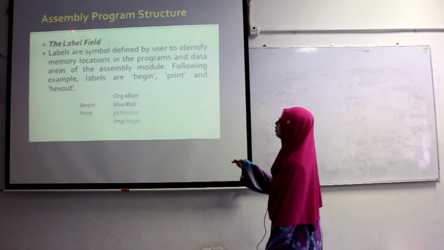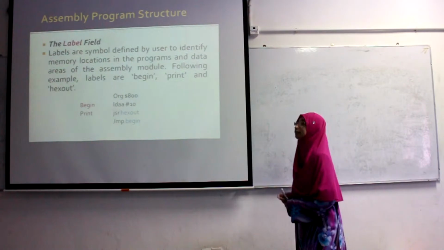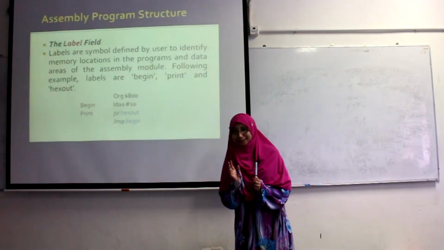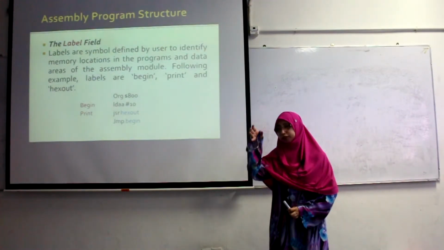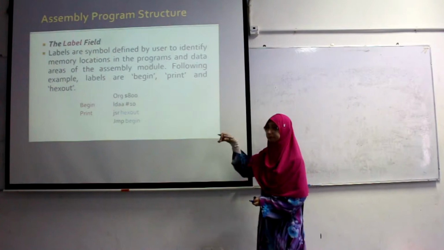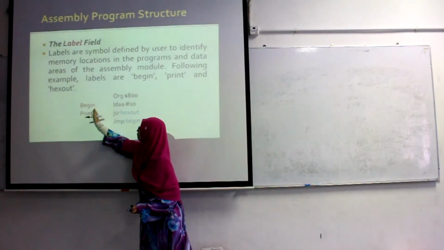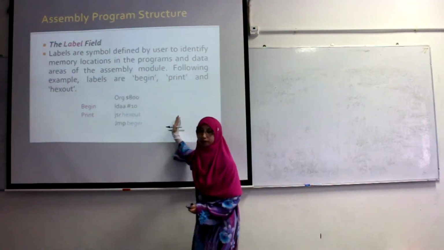Okay, now we go to the assembly program structure. Actually, assembly program structure is easier than C or others, because the structure is fixed. We have 4 columns for programming.